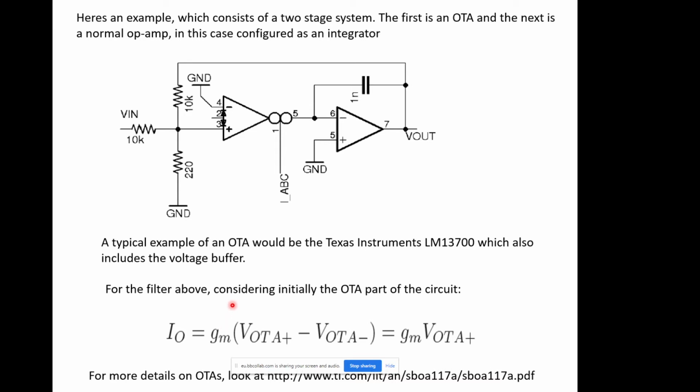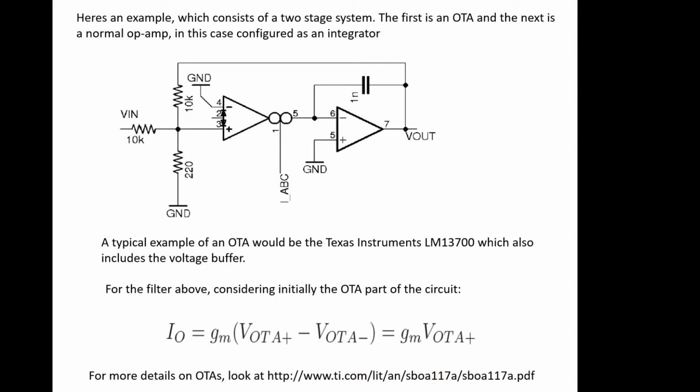Okay, so GM is dictated by the amplifier and can be changed by adjusting this voltage here. So in the case above, because one of the terminals is connected to ground, the output current is equal to GM times whatever voltage is appearing at VOTA plus. So it's just a standard op-amp type analysis. Let's hide that. And if everyone's interested, there's a link to OTAs.